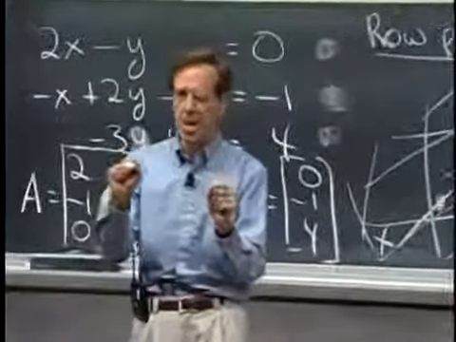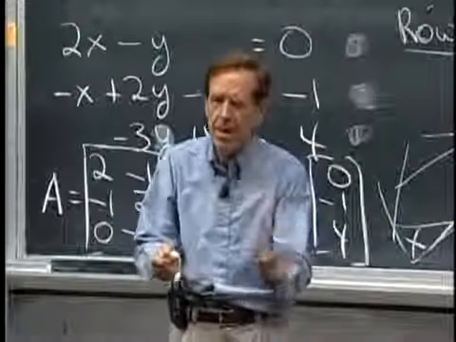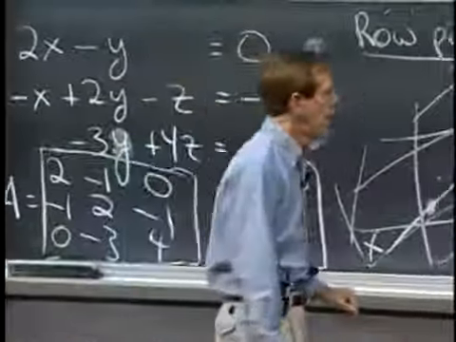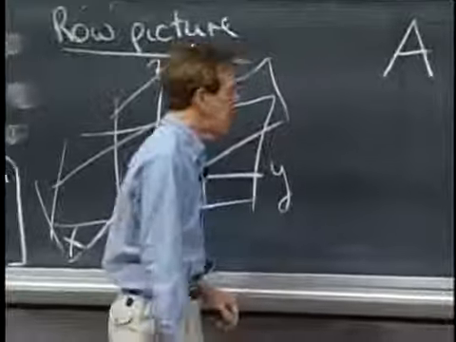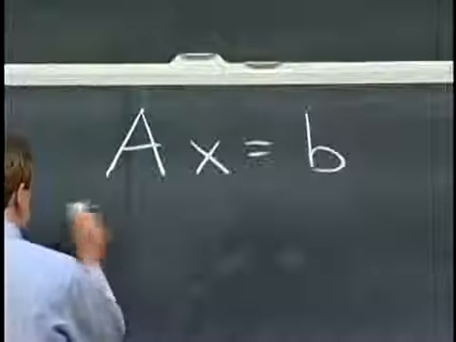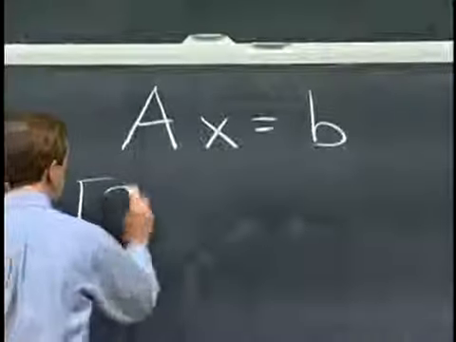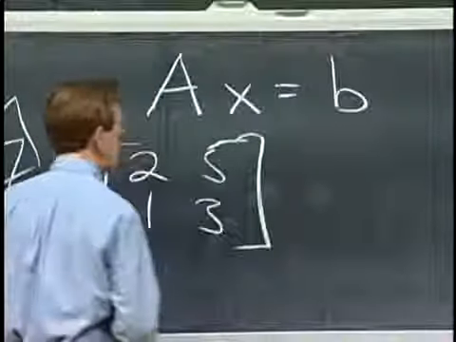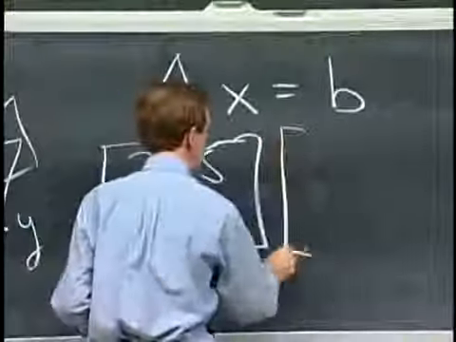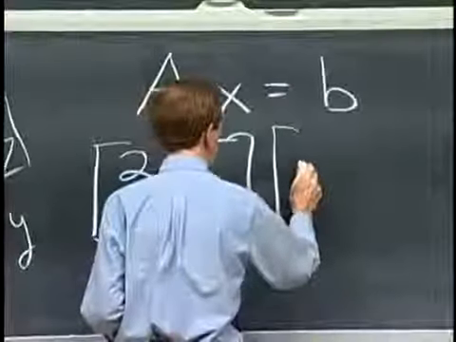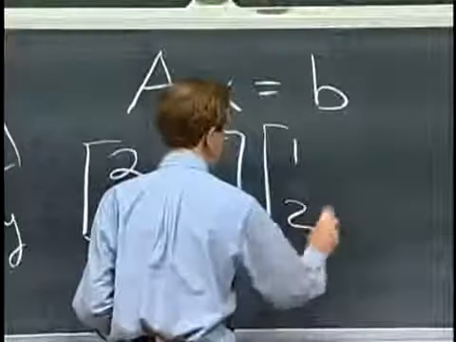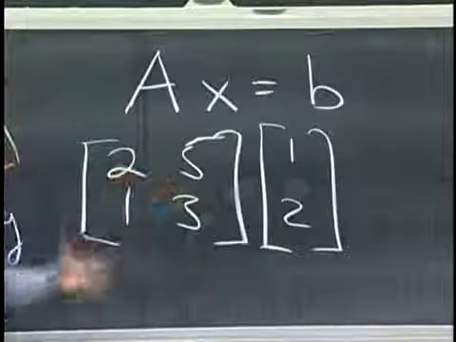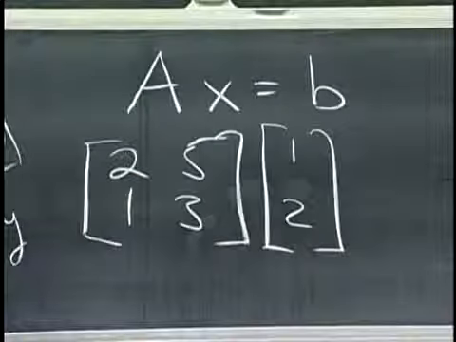And I just want to say, how do you multiply a matrix by a vector? Okay, so I'm just going to create a matrix. Let me take 2, 5, 1, 3. And let me take a vector x to be, say, 1 and 2. How do I multiply a matrix by a vector?